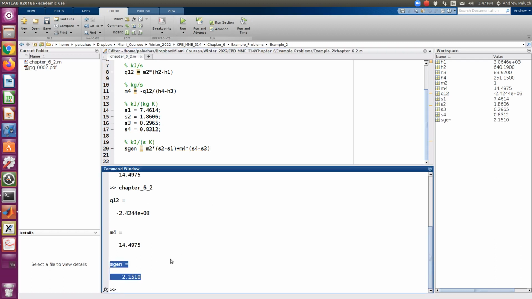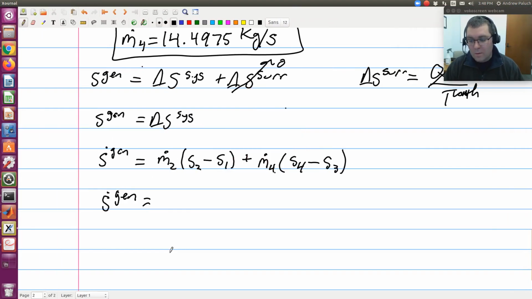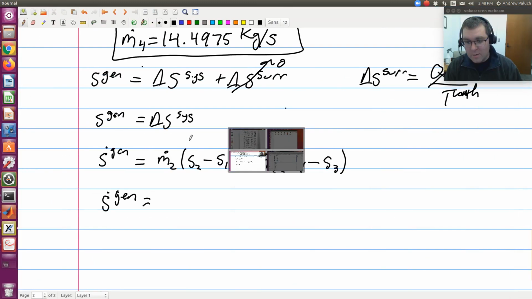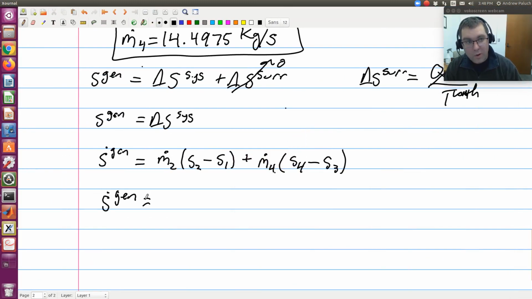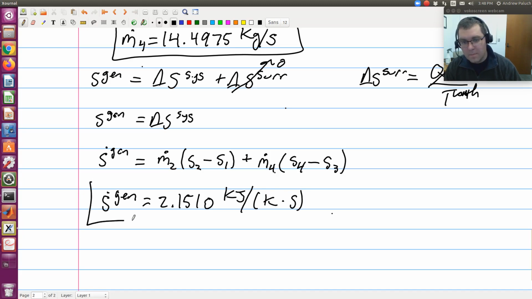We expect it to be an irreversible process. So you get that Sgen is 2.15. Again, this is a rate, so this is going to be kilojoules per Kelvin second.